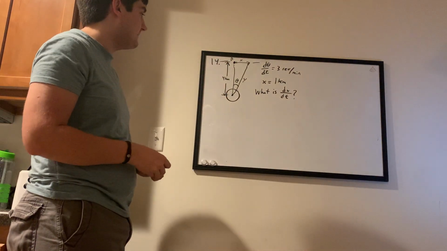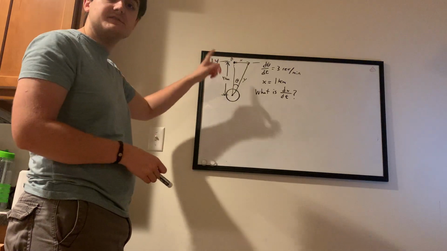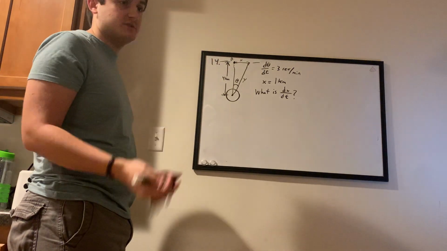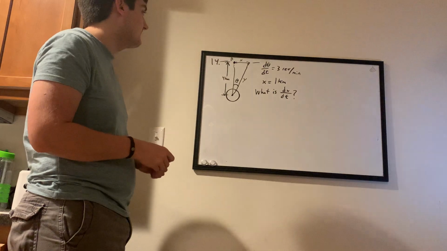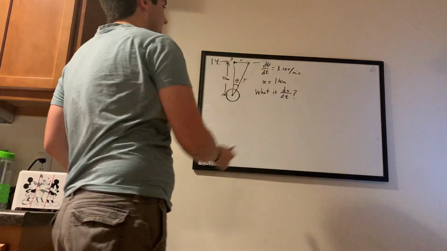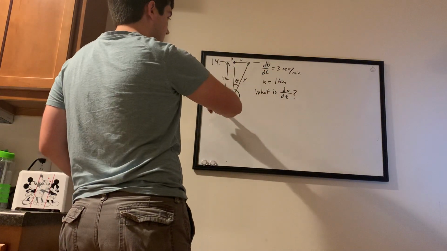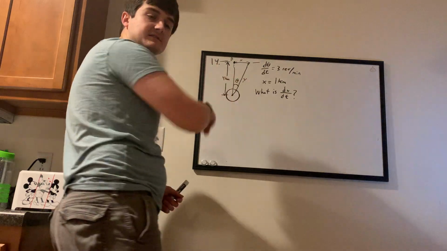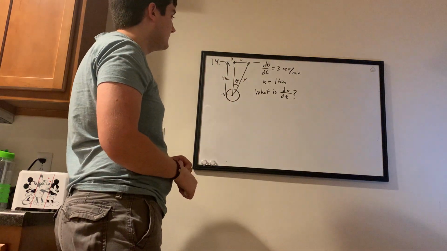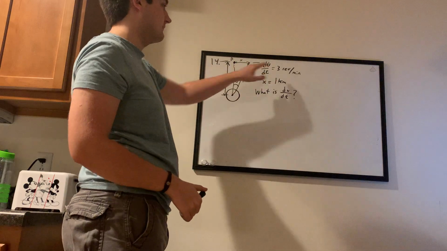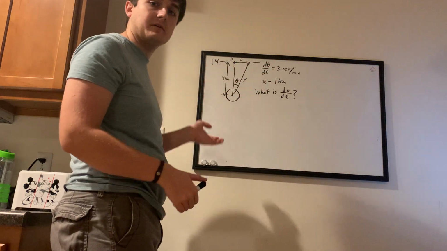And the lighthouse is spinning at a particular speed, in this case 3 revolutions per minute. That means that each minute, this lighthouse will have spun 3 times all the way around.